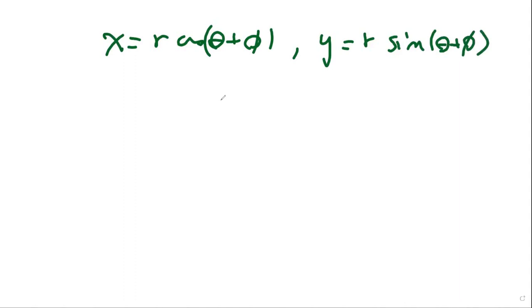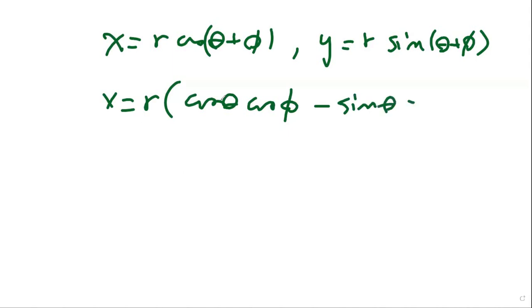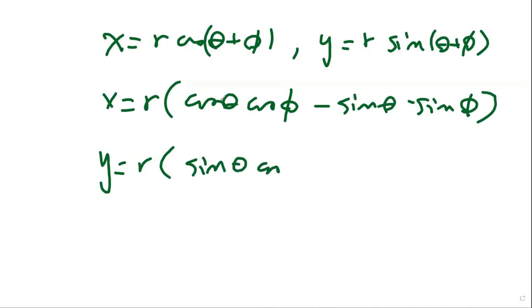So x will equal r times cosine theta cosine phi minus sine theta sine phi. And y will be r times sine theta cosine phi plus sine phi cosine theta.